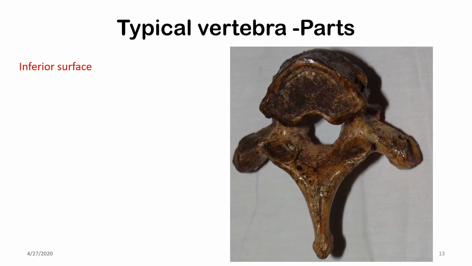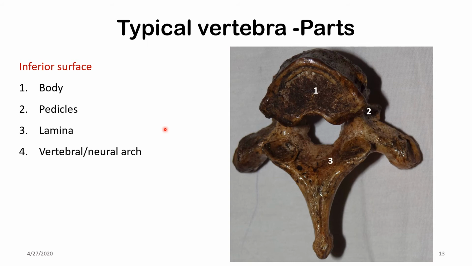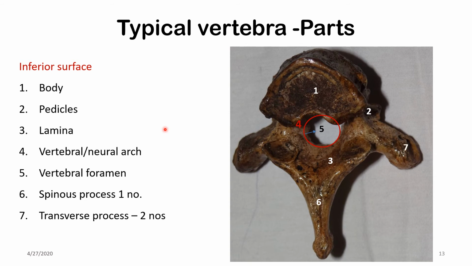Now you can quickly go through the parts of the typical vertebra seen from the inferior surface. So one is the body, the pedicles, the lamina, the vertebral or neural arch, the vertebral foramen, spinous process, transverse processes, the articular processes.